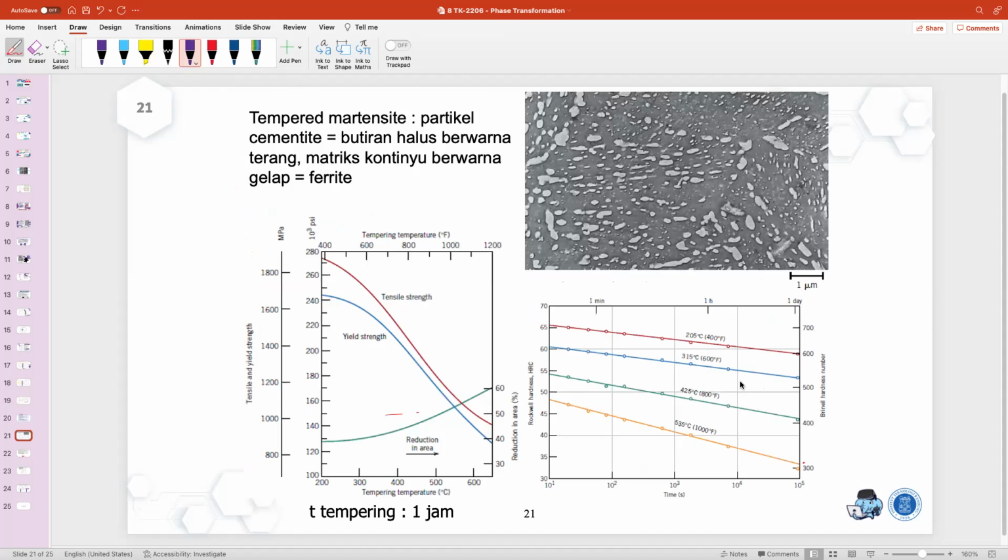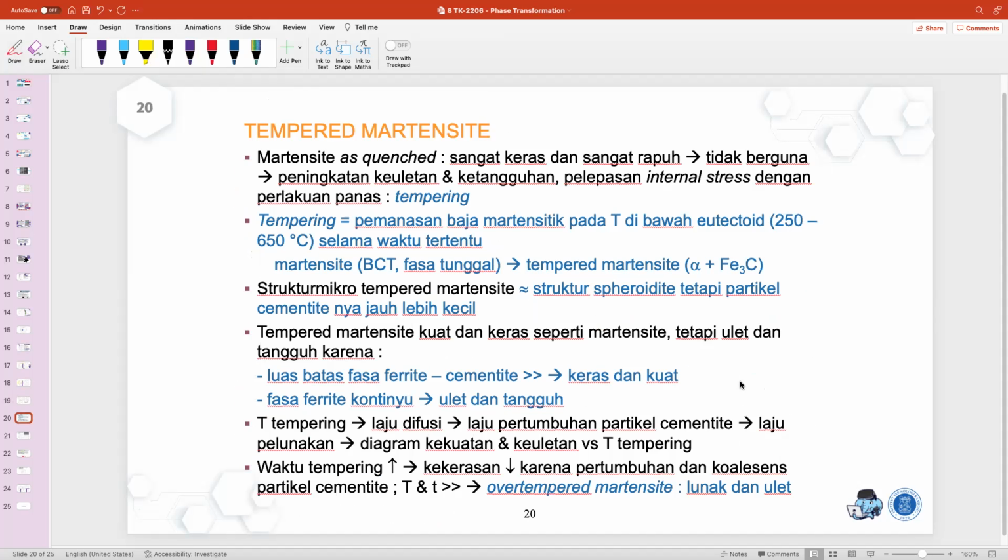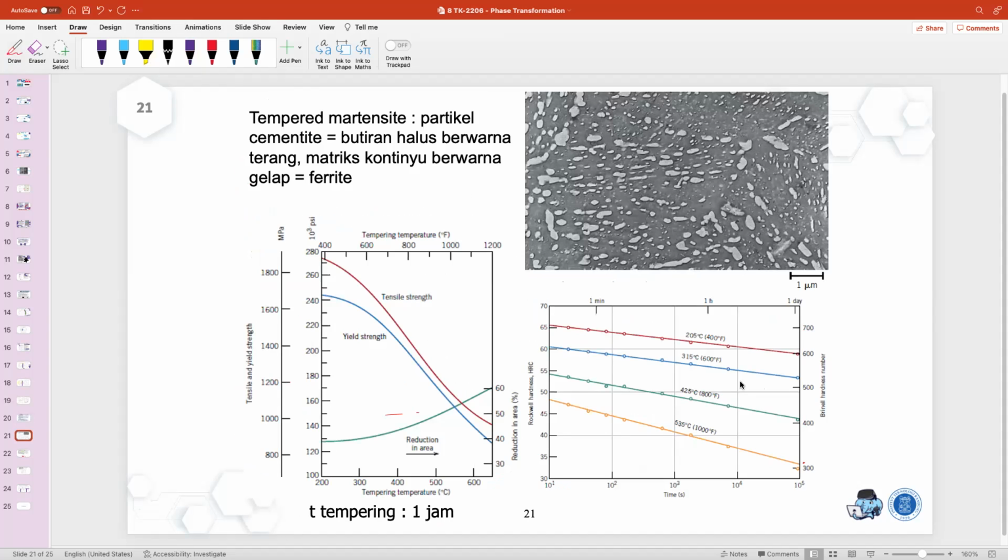The tempered martensite looks like this. I think I can explain this one in this graph. If we have martensite, which has a lot of needles like that, so this is the martensite, and then we do the tempering.